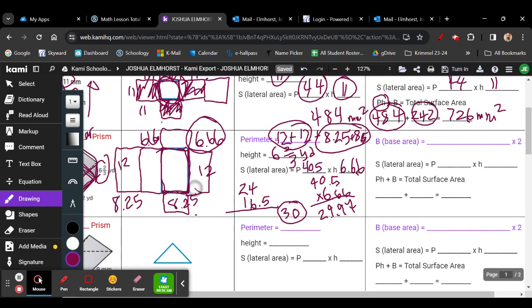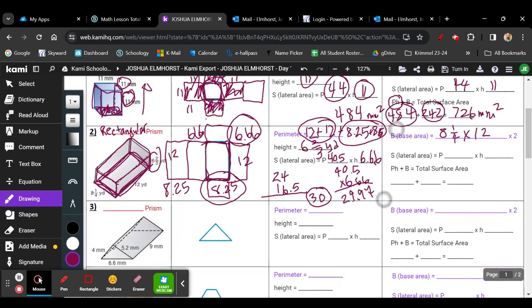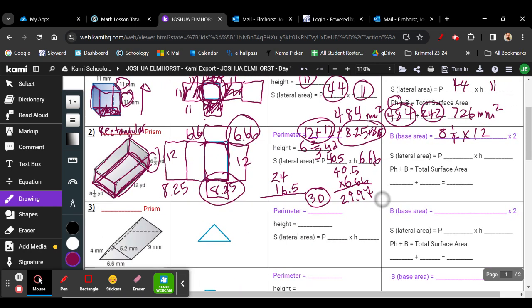Now we look at the base area, 8 1/4 times 12. And the perimeter was 40.5, and then we had 6 2/3. So the perimeter times h, we estimated that to be 30. Now we need to find the base area by multiplying.